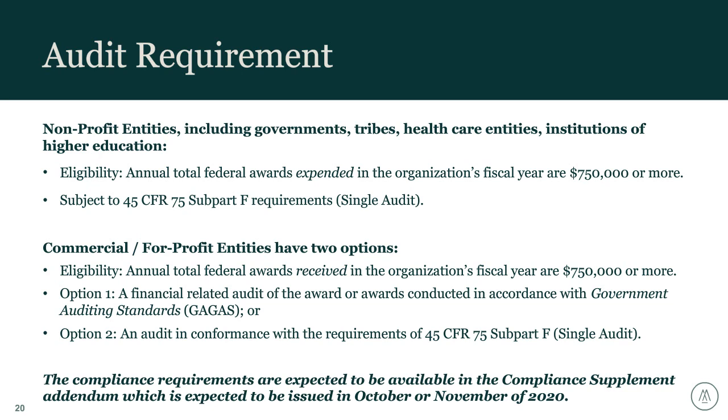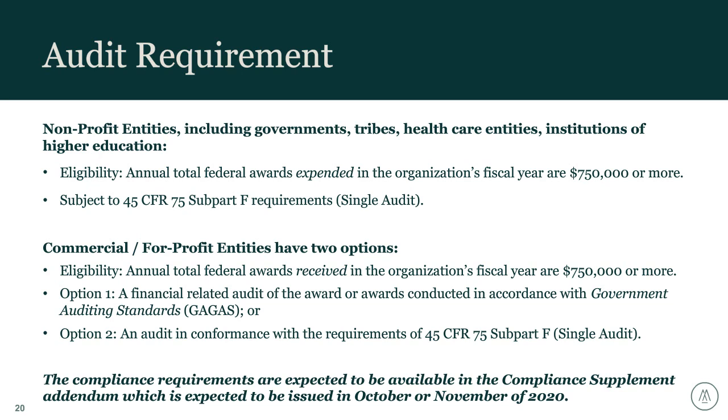That is not consistent with the single audit language in 45 CFR 75 subpart F. We're trying to get clarification from HHS on whether it's the receipt of those funds or the expenditure of those funds that triggers the audit requirement. But for now, given what the FAQs say, we're going off of received.